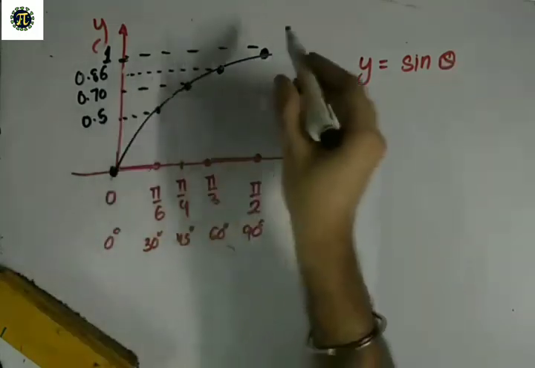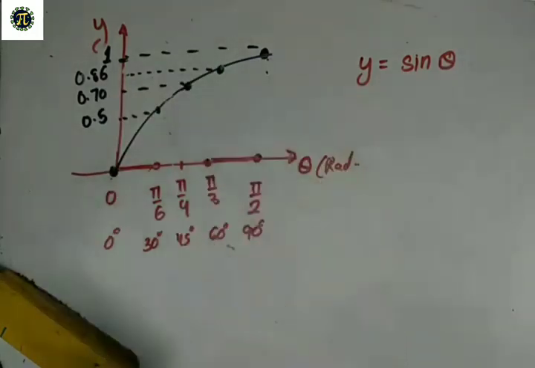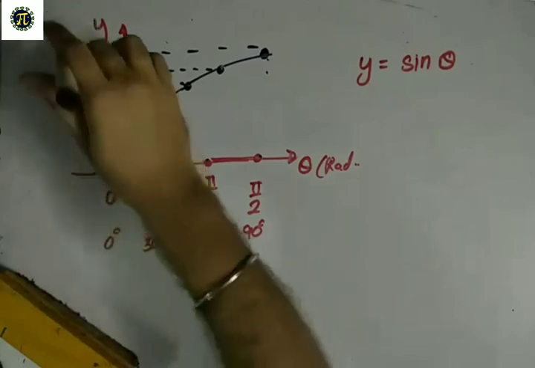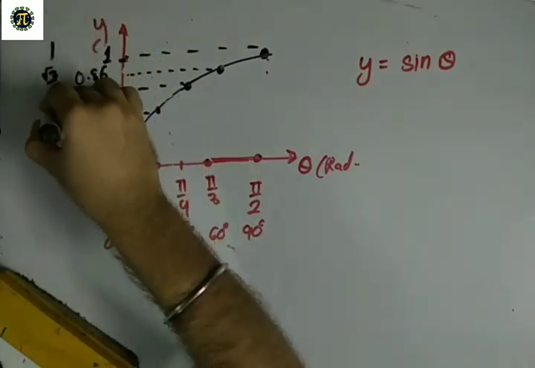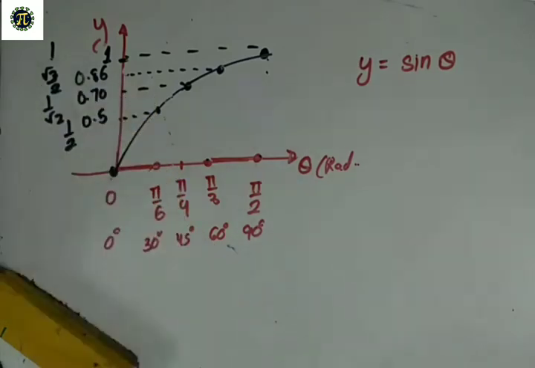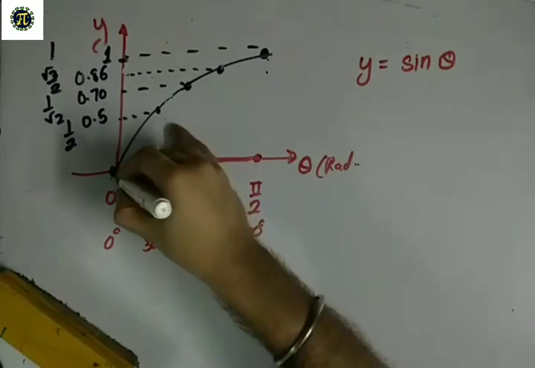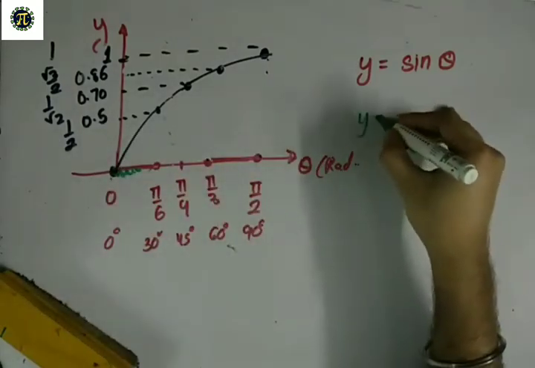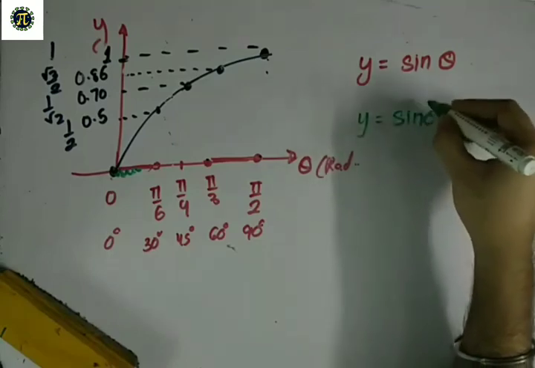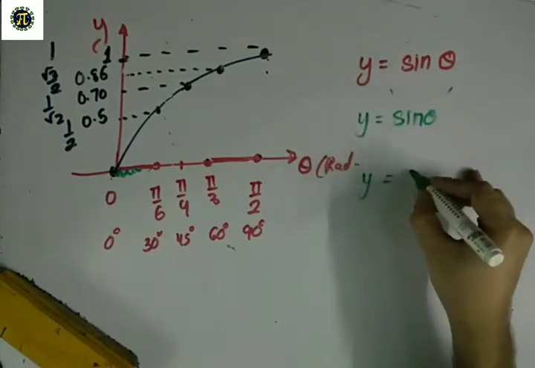But you have an idea that sin theta between 0 and 90 degrees can look like this, because these are the same values as 1, root 3 by 2, 1 by root 2, and 1 by 2. So for very small angles, in this range from 0 to 5 degrees, not up to 30 degrees, instead of y is equal to sin theta I can use y is equal to theta, right?